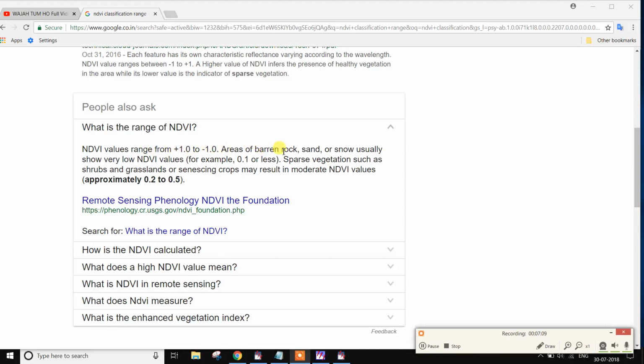Barren rock, sand, and snow usually show very low NDVI values, for example 0.1 or less. Vegetation such as shrub, grassland, and senescing crops results in moderate NDVI values, approximately 0.2 to 0.5.